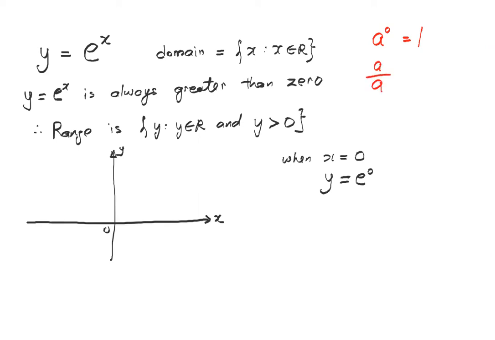A divided by A. According to the rule of quotient, divide, you have to minus the power, correct? So what do you get? Okay. So from this fact, I know that my graph will pass through here, 1.